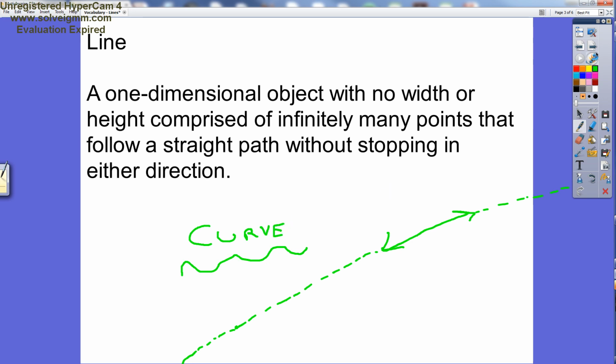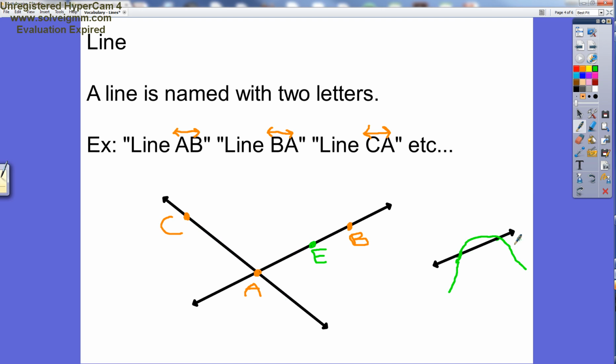And so the one here in black, that's a line. But if we tried to draw anything else through those 2 points that wasn't the exact same thing as this, we'd get something that is not a line.